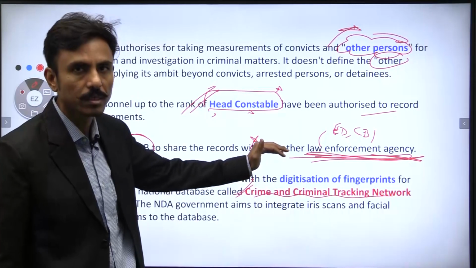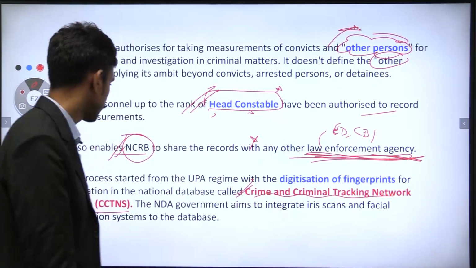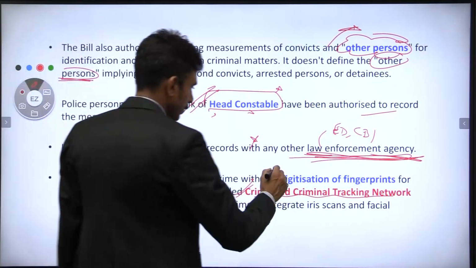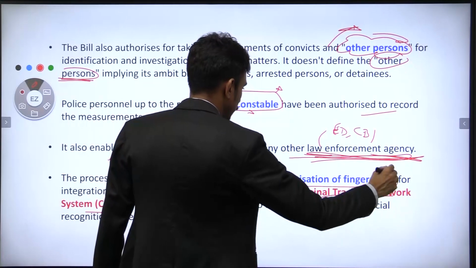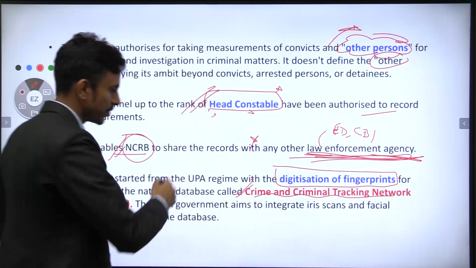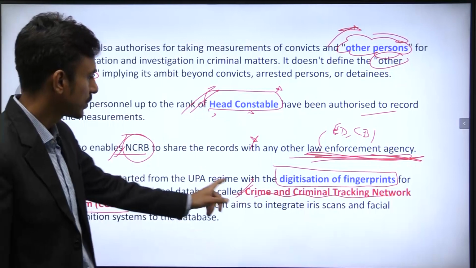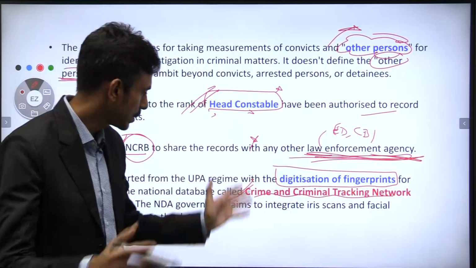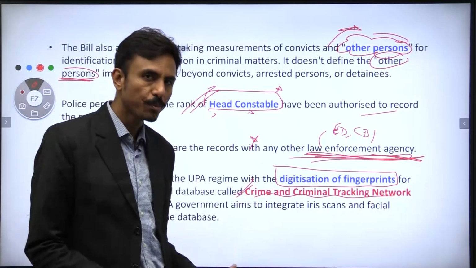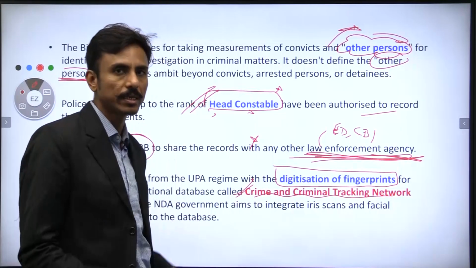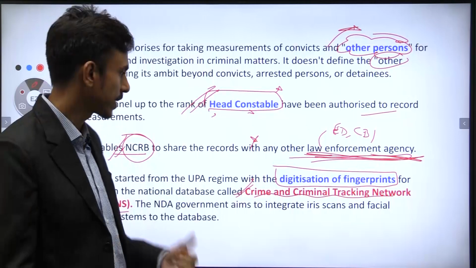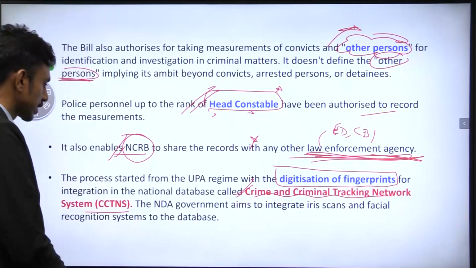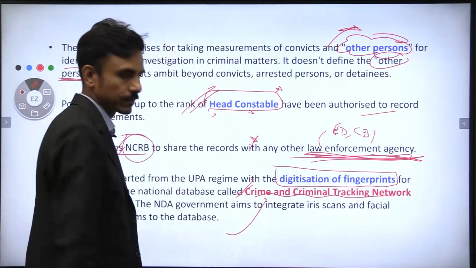So it is the UPA which started the digitization of the fingerprints when it integrated them with the CCTNS. So the NDA government is saying that we are just expanding the scope, and in this sense we are integrating the scans like the iris scan, the retina scan, and facial recognition to the CCTNS, right?